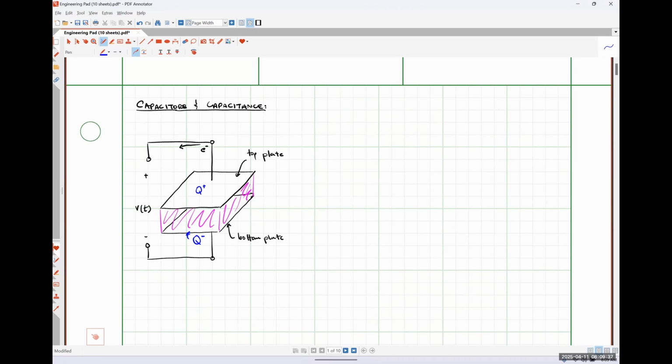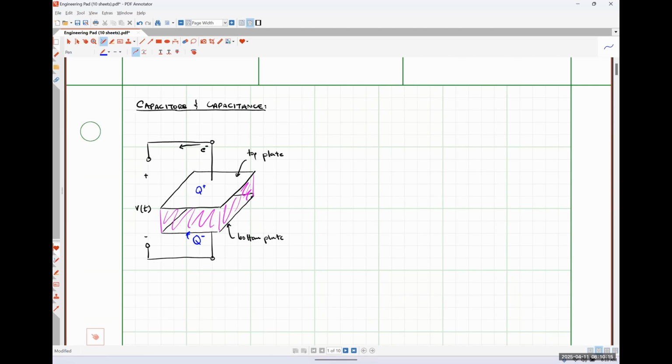So what's really interesting about this, and you guys probably intuitively know this even if you haven't really thought about it, for those of you that have taken Physics 202 for sure, you are aware that like charges repel each other and opposite charges attract each other, okay? So how that plays into what's going on here is effectively the first positive charge I put on that top plate goes on there very easily.